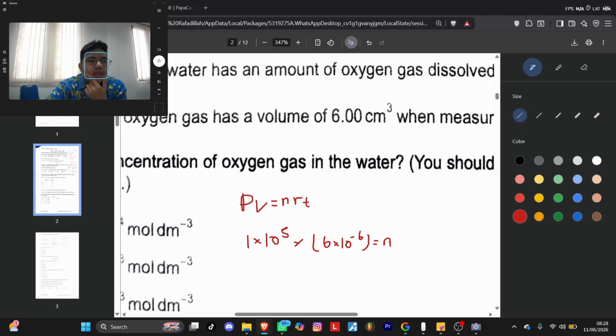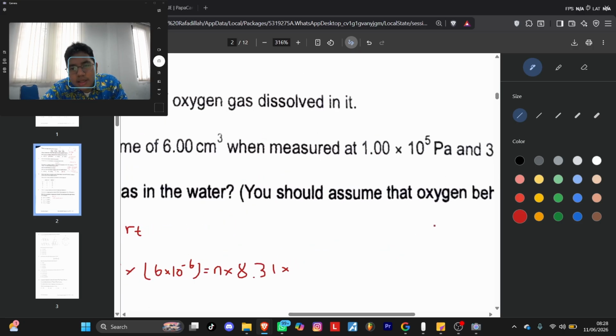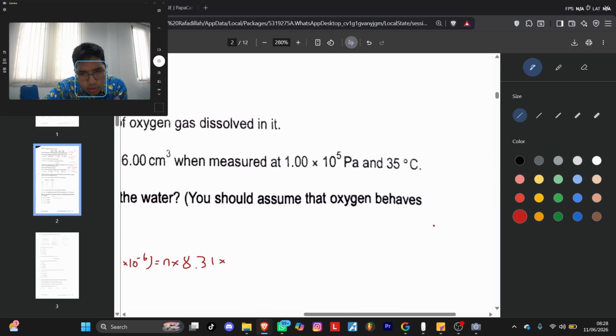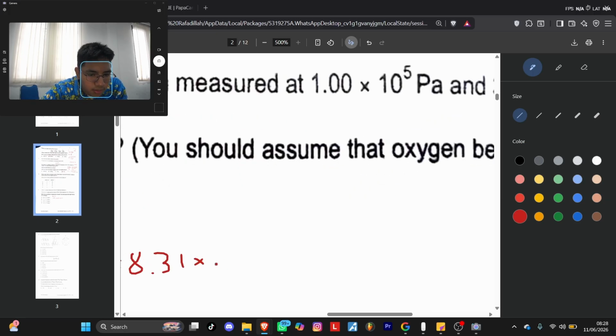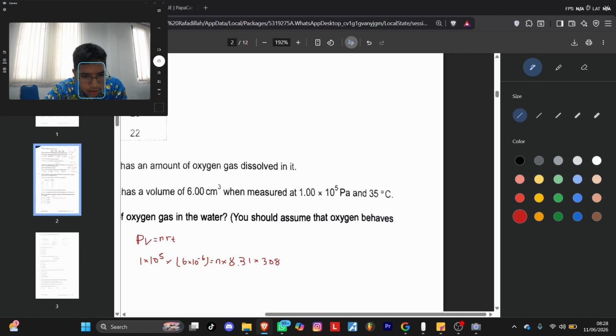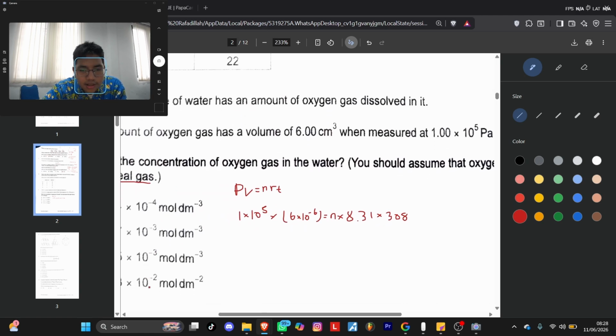And then the gas constant is 8.31. The temperature is 273 plus 35. That equals 308, right? So, like the other question, we just need to rearrange this, right?